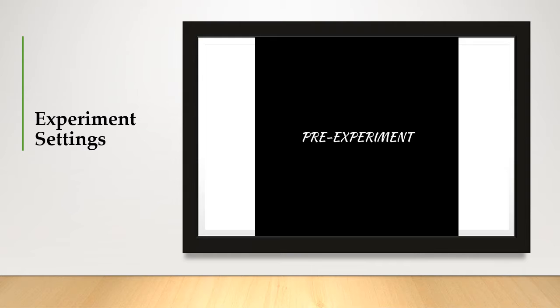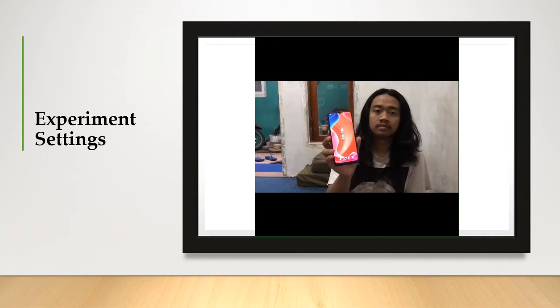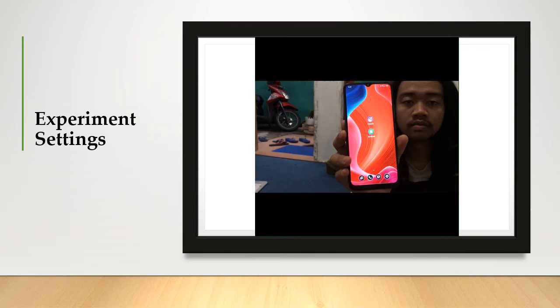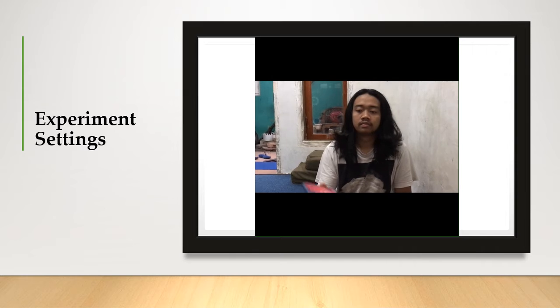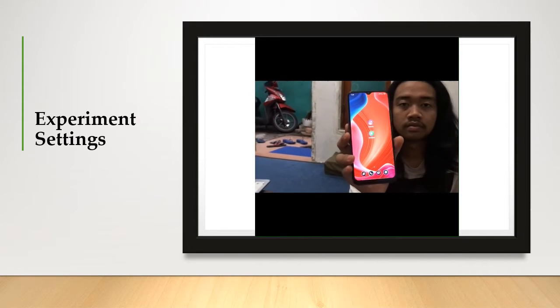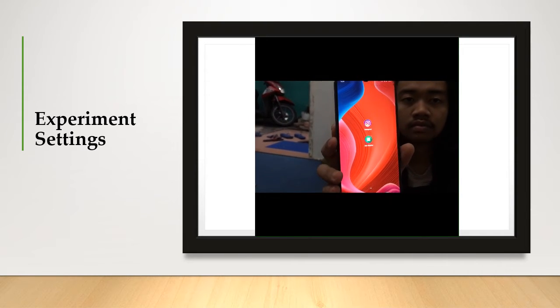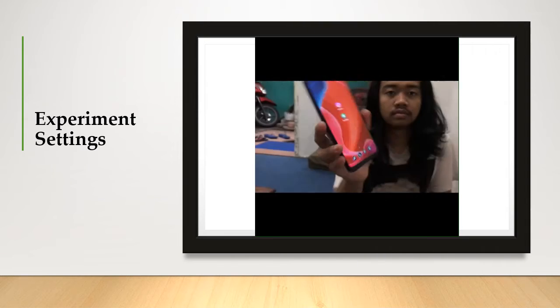So this is the chapter for the experiment settings for each scenario, and let's begin with the pre-experiment. Basically the pre-experiment is the same for both scenarios. So we need a phone with the Instagram application to load and heat up the phone, and also the CPU's temperature measurement application to record the temperature of the CPU's phone.